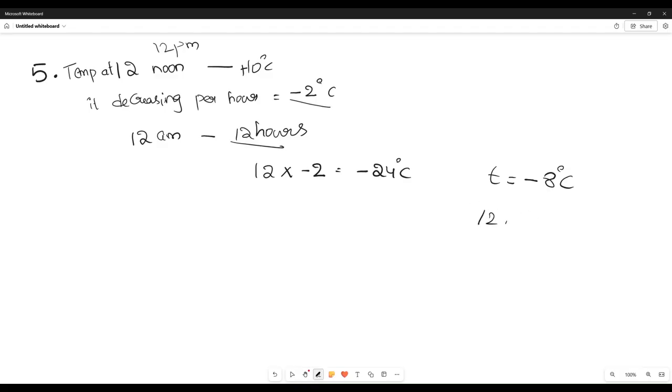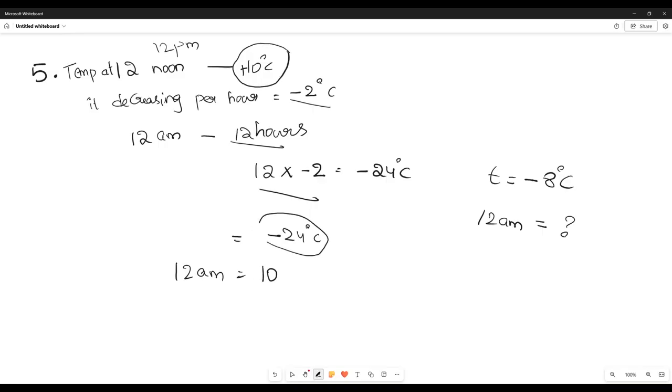Again, at 12 a.m., what is the temperature? For 12 hours, we get minus 24 degrees. What is the temperature at 12 noon? Plus 10. The total temperature it decreased is minus 24 degrees Celsius. So 10 minus 24.